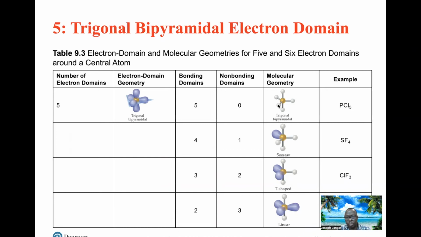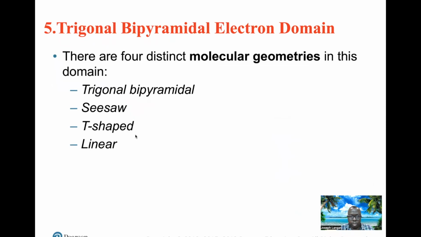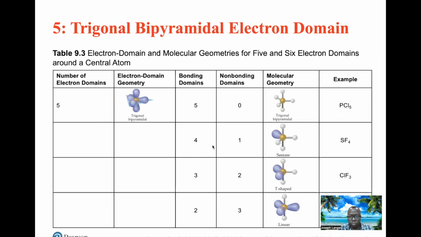You see 1, 2, 3, 4, 5 domains. If it is 4 atoms bonded to the central atom, 1, 2, 3, 4, with a lone pair, the molecular geometry is described as seesaw, but the electron domain geometry is still trigonal bipyramidal.